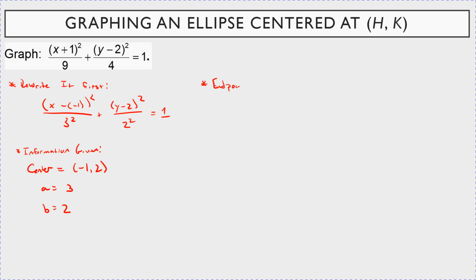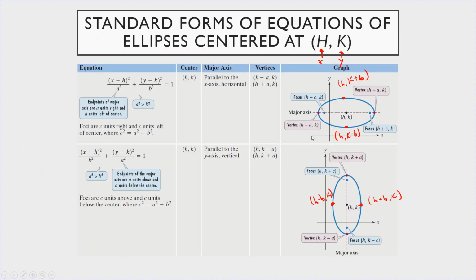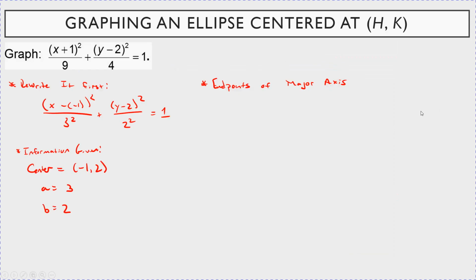So the endpoints of the major axis. Look, it's h minus a comma k, and then h plus a comma k. And so that's why you're using all this stuff. This is my h, k right here.